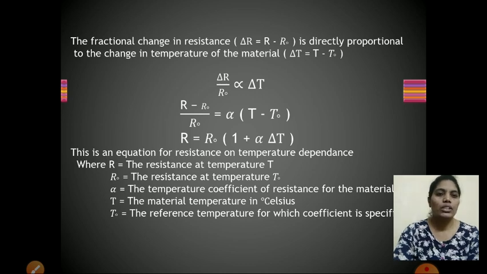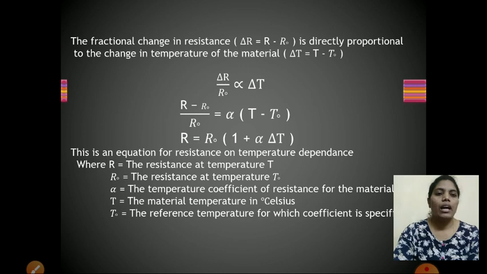This fractional change is expressed as delta R, which is R minus R naught, and the change in temperature of the material is expressed as delta T, which is T minus T naught. Here the relation is delta R by R naught is directly proportional to delta T. If you take out the proportionality, we get a constant alpha.